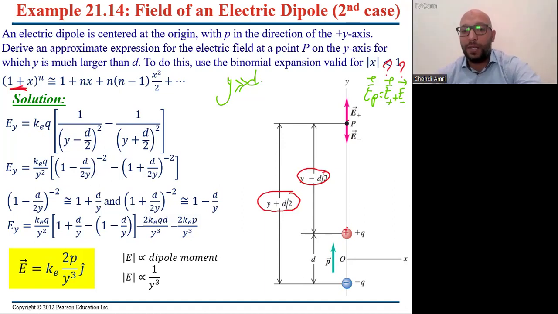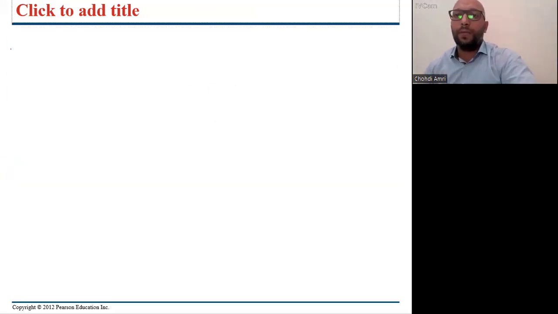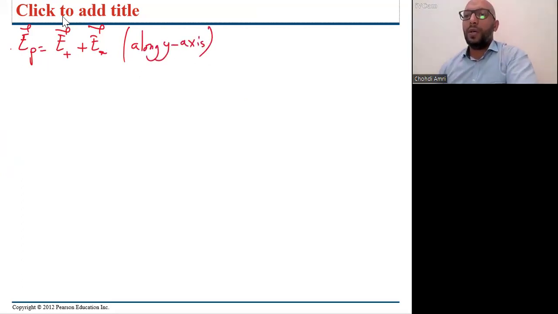Let me explain step by step. As I said, the electric field at the point P is E plus E minus. It's along the y-axis only. Now the question, what is this and what is this?